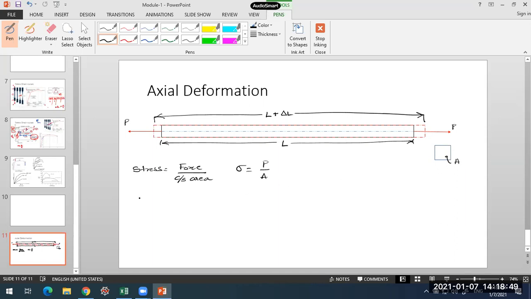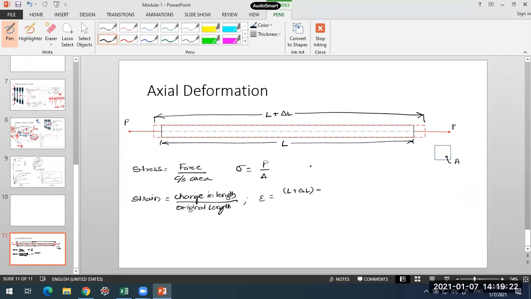And what about strain here? For strain, it is expressed as change in length on the original length. The change in length is the final length, L plus delta L, minus the original length.